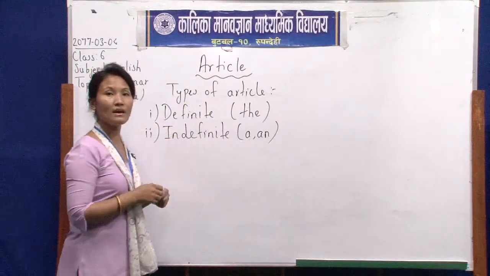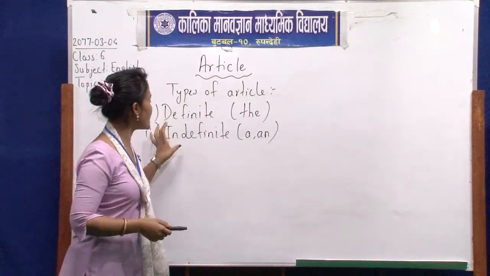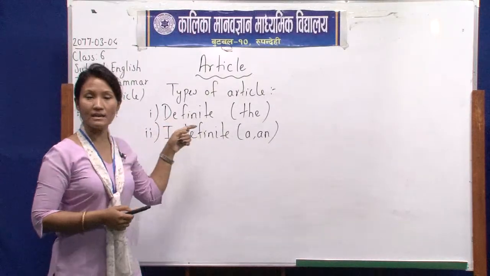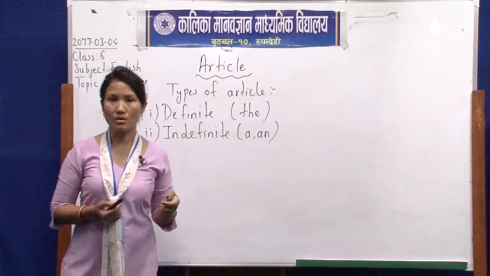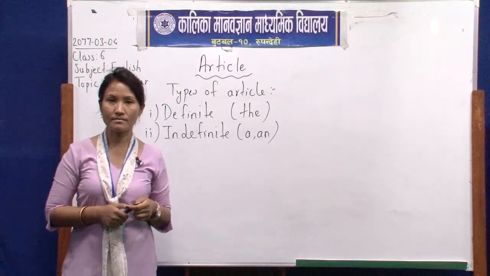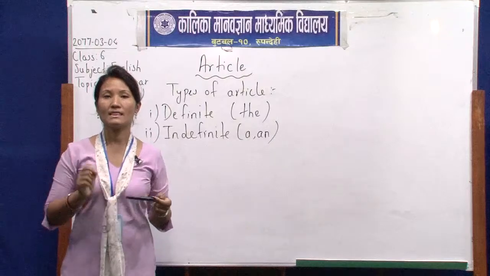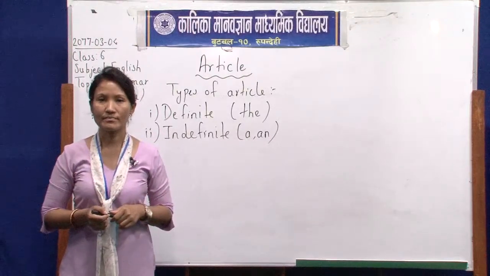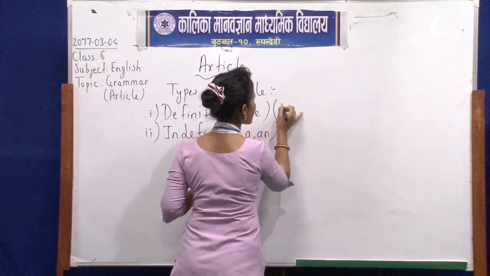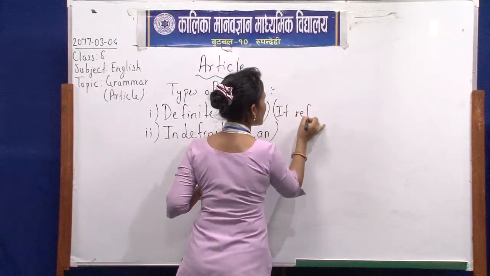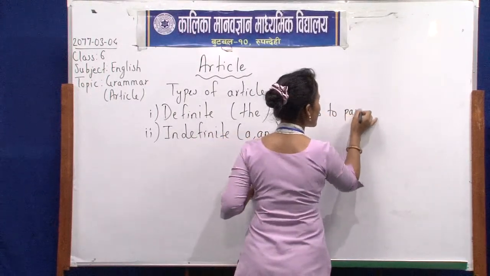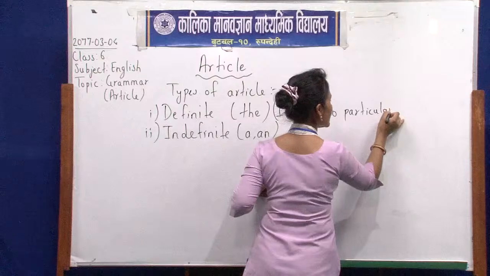Now you should be clear about what do you mean by definite article and what do you mean by indefinite article. Definite article, it points out or it refers to any object that is particular, right? Definite, it refers to particular object.